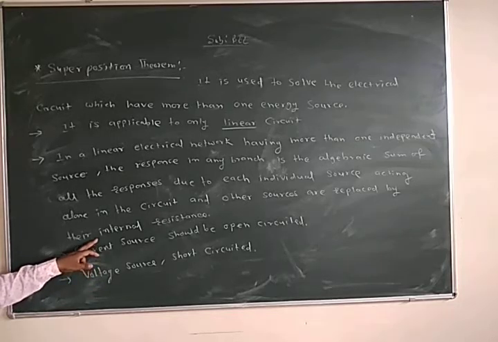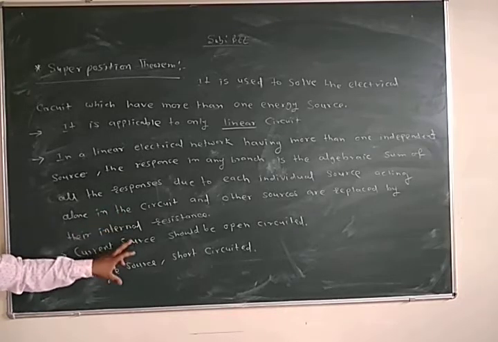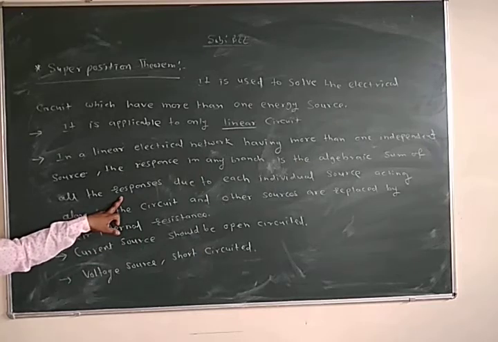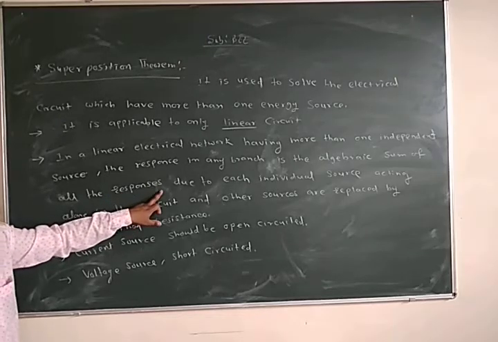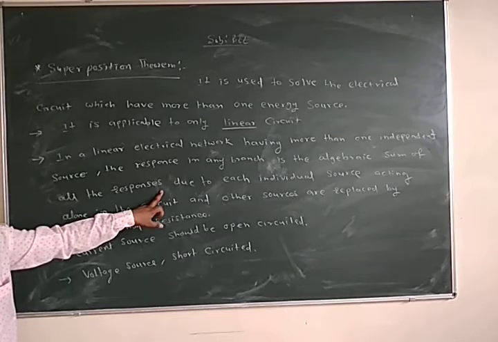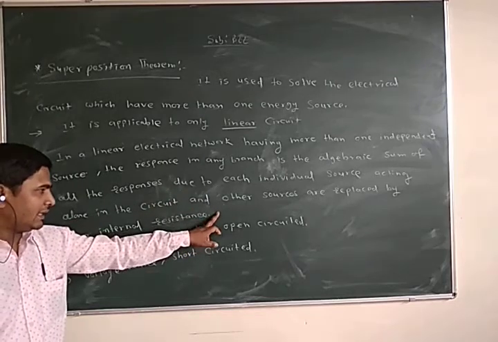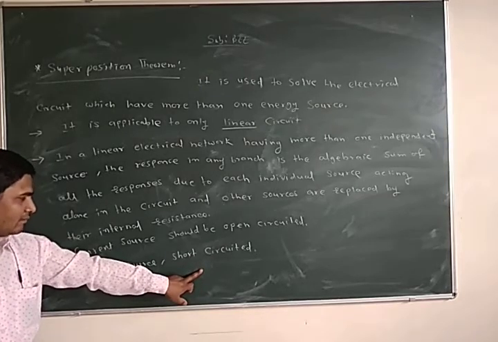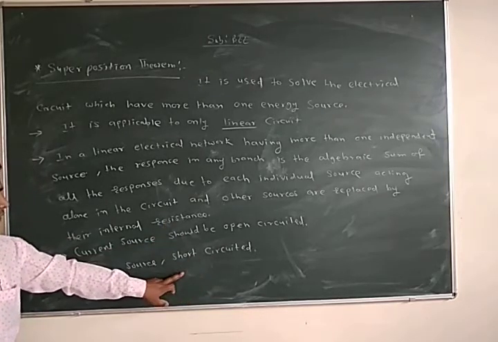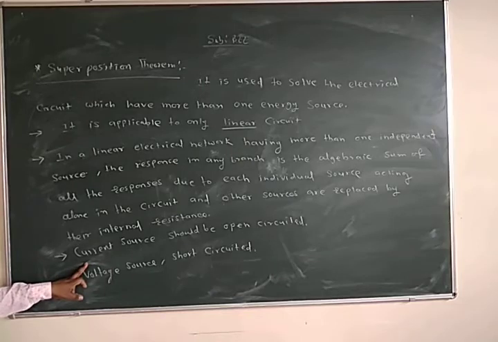Simply, if there are more than one independent sources in the circuit and we have to calculate current in any branch, we calculate the current due to each individual source in that branch, and after that we take the algebraic sum of all the currents obtained. So this is the statement of superposition theorem.